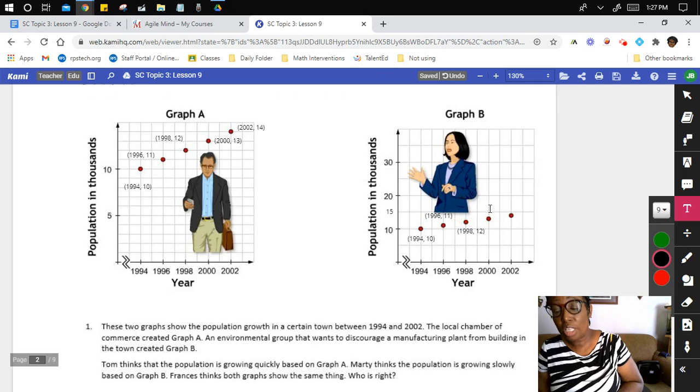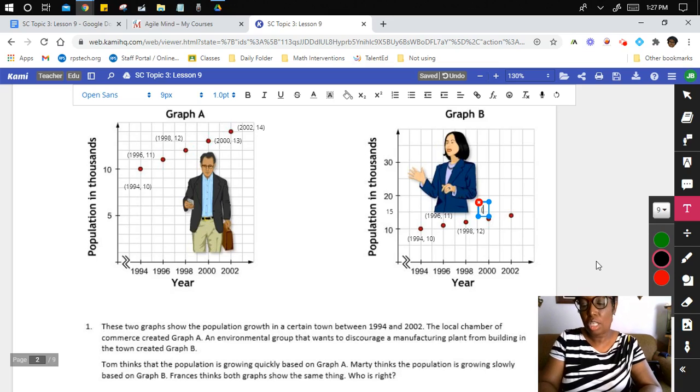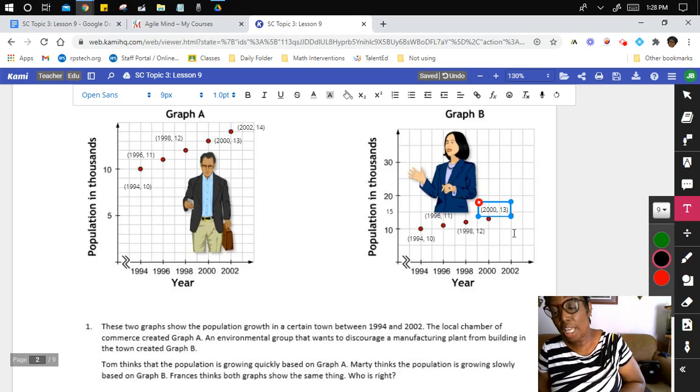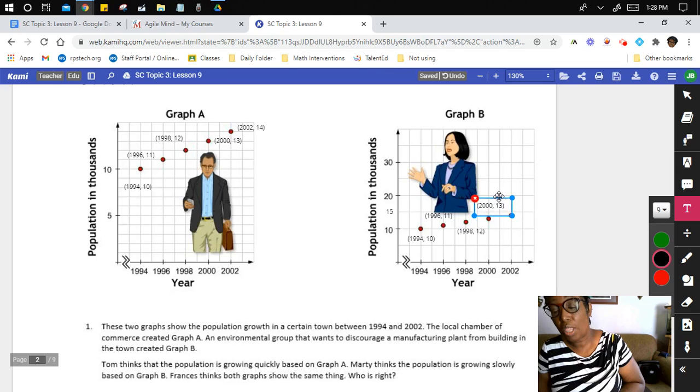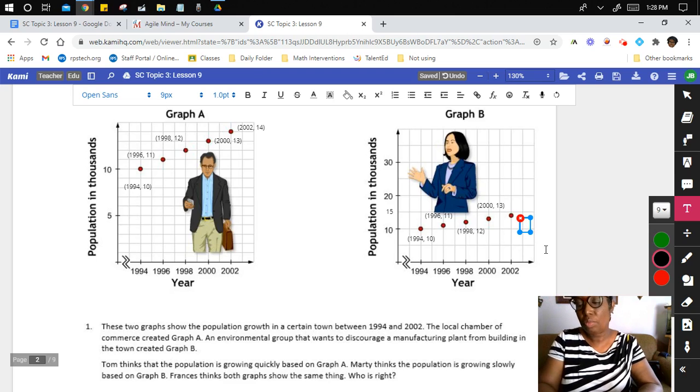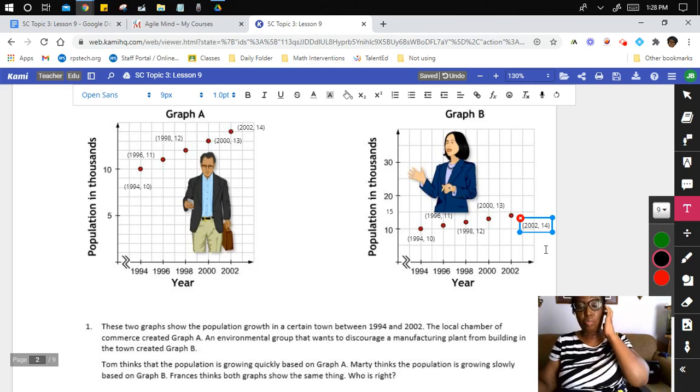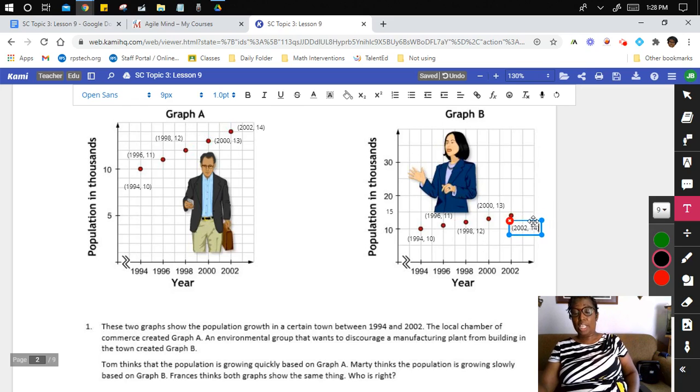Well, let's check this one. In 2000, the population was 13,000. And the last one, which is this point right here, in 2002, the population was 14,000. You look at our points, they're the same, aren't they?